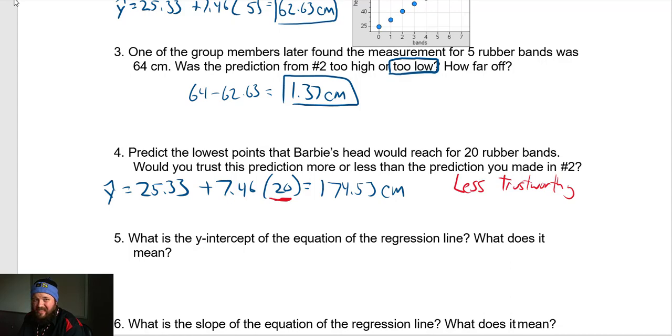We only went up to 7 rubber bands. So 20 rubber bands is too far away from the data points.